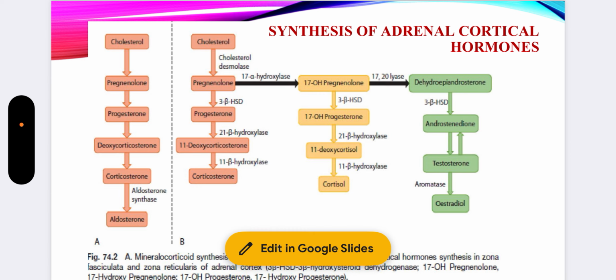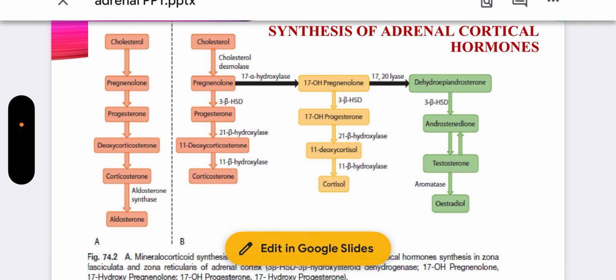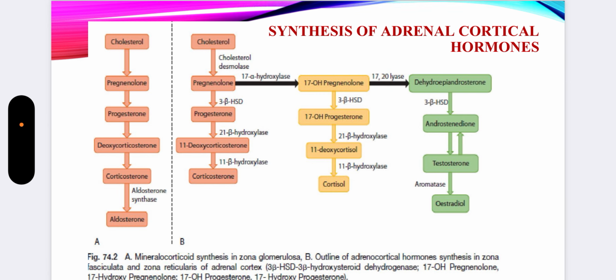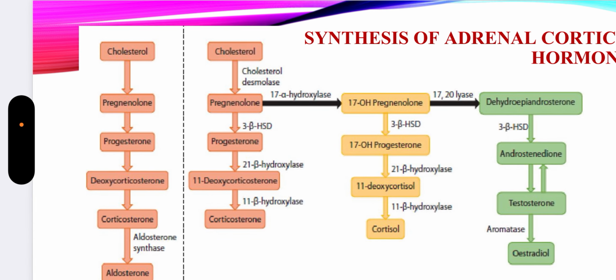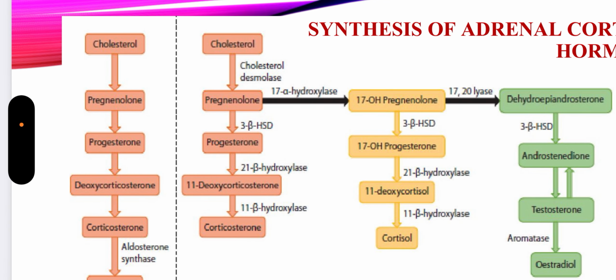Now coming to the second part, synthesis of glucocorticoids and sex hormones. The substrate remains the same, that is cholesterol. Cholesterol is acted upon by cholesterol desmolase to form pregnenolone. In the vertical series of reactions, pregnenolone is acted upon by 3-beta hydroxysteroid dehydrogenase, abbreviated as 3-beta HSD, to form progesterone.